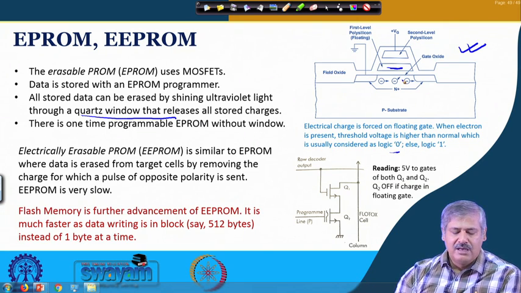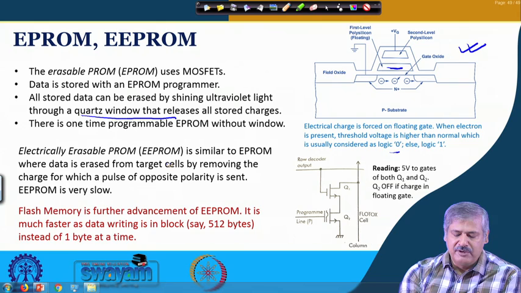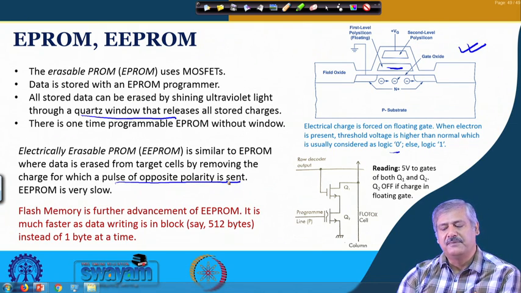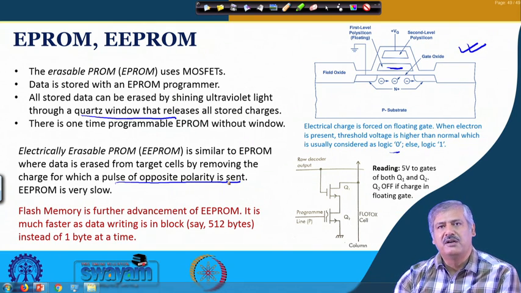And that is normal EPROM, where ultraviolet light is used for erasing. In electrically erasable PROM, the data is erased by removing the charge using an electrical pulse of opposite polarity. Instead of UV ray, now an electrical pulse of opposite polarity is used for erasing.